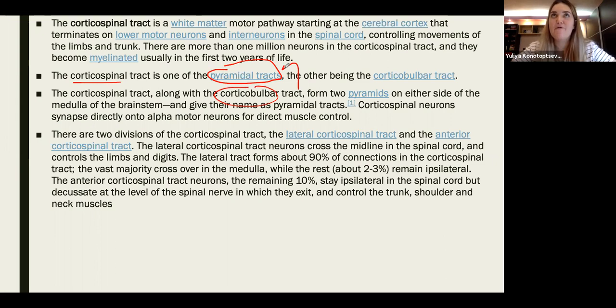Pyramidal tracts are voluntary. They're the ones for skeletal muscle, voluntary. Why do we call them pyramidal? Because they form two pyramids on either side of the medulla. The way they pass, it's like they're forming two pyramids. So that's why they call it pyramidal tracts.